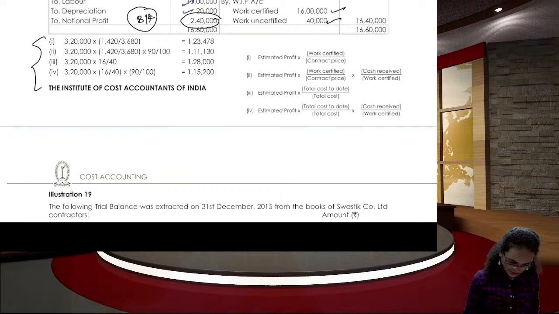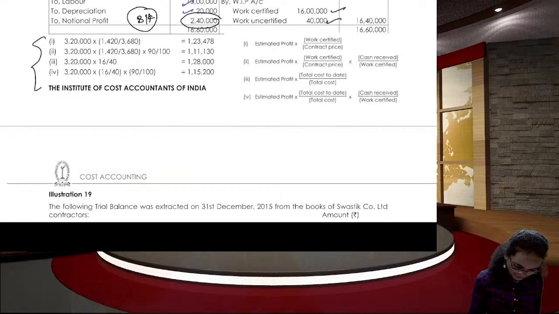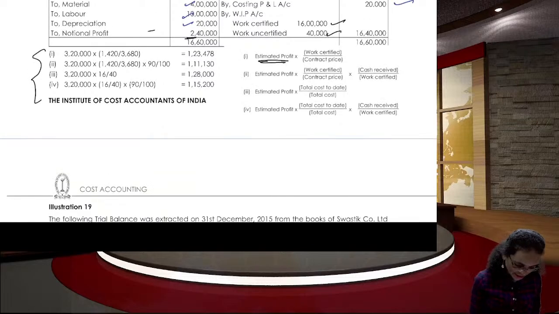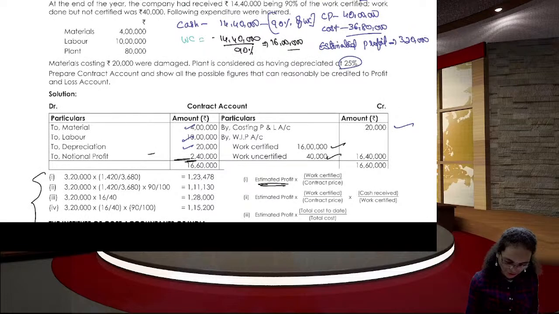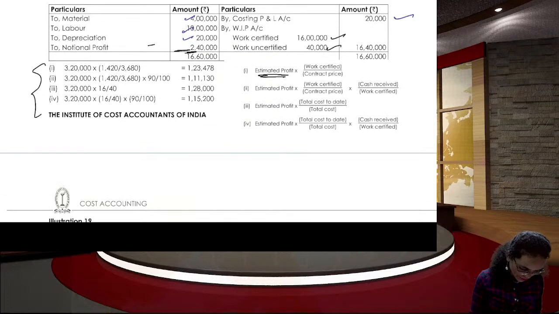See, these are the formulas. Estimated profit is this one, 2,40,000, no. Sorry, this is a notional profit. Estimated profit is this one. You got 3,20,000.